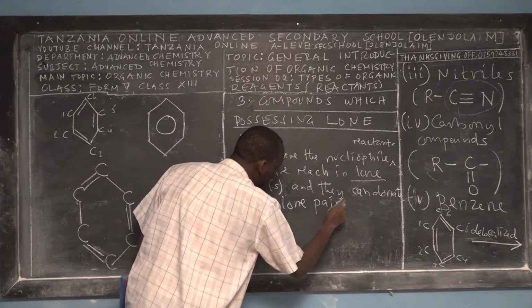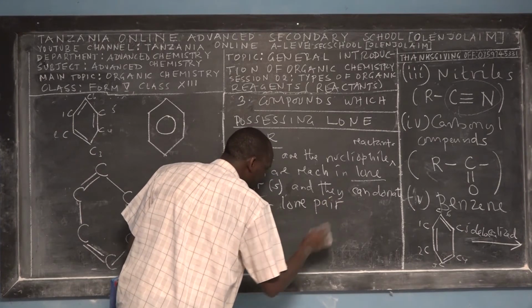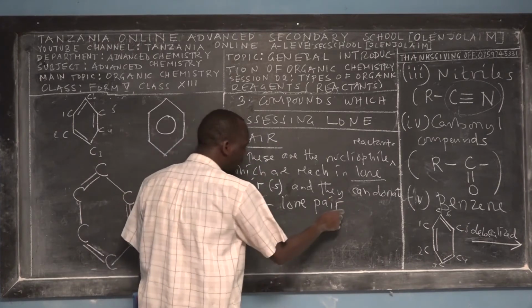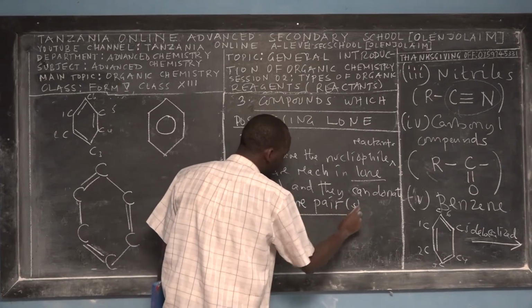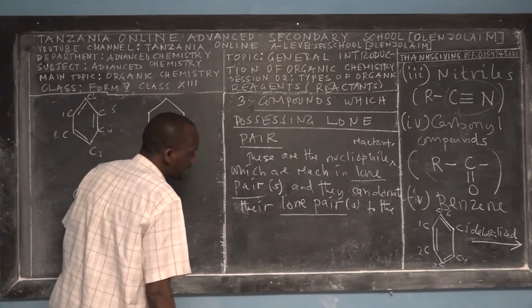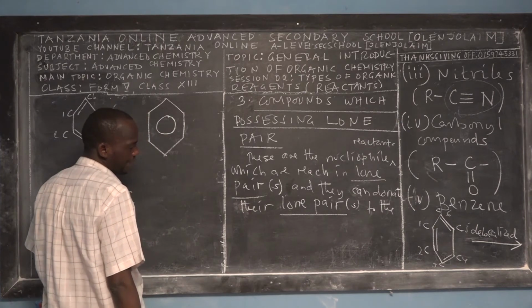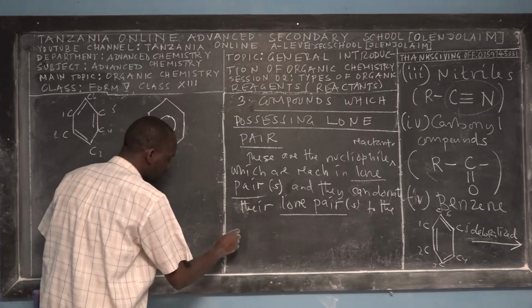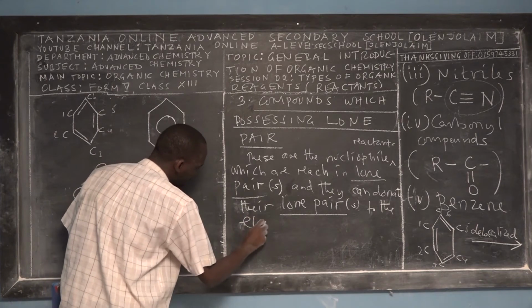They donate their lone pairs, not just electrons or valence electrons. They donate their lone pairs, resulting in an electron-deficient compound or atom, okay, resulting in the electrophile.